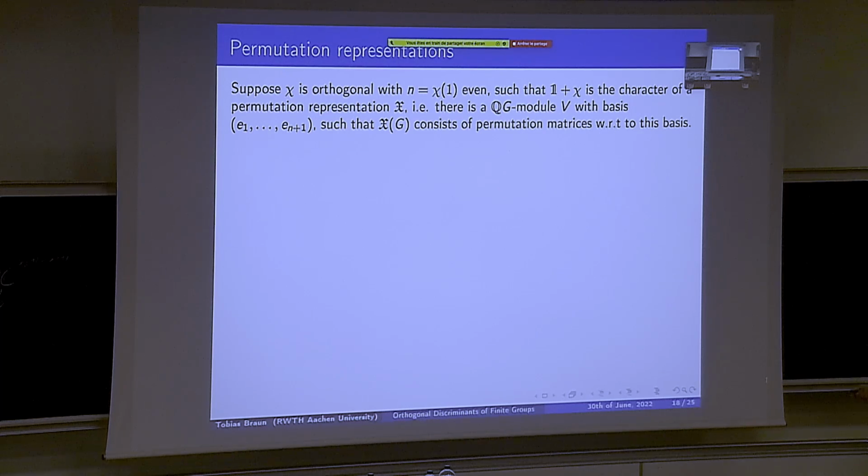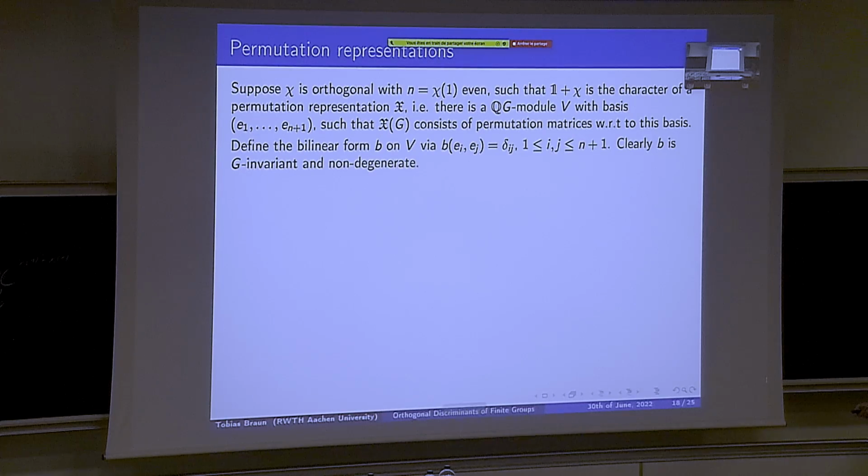And now what you can do in this situation is define a bilinear form B on the vector space, which is just the standard inner product. And clearly B is G invariant and non-degenerate. If you remember my first example of a quadratic form, this is basically the same. This is just the standard inner product on, in this case, an n plus 1 dimensional vector space.